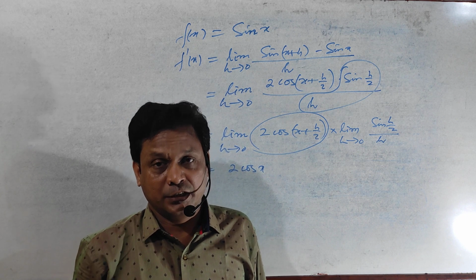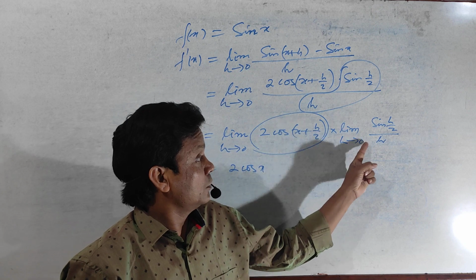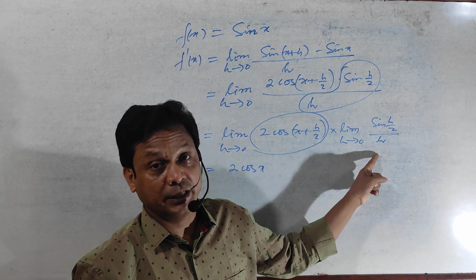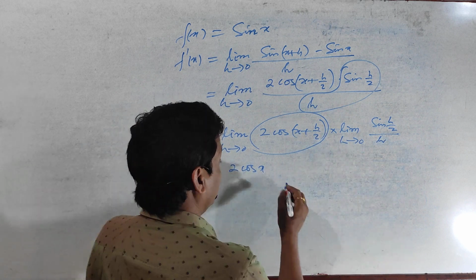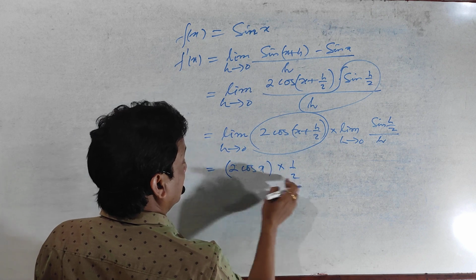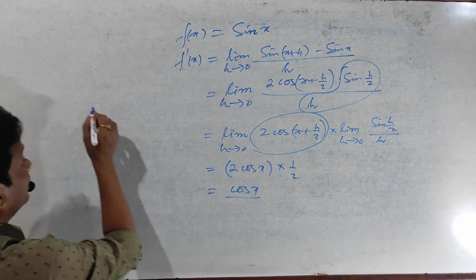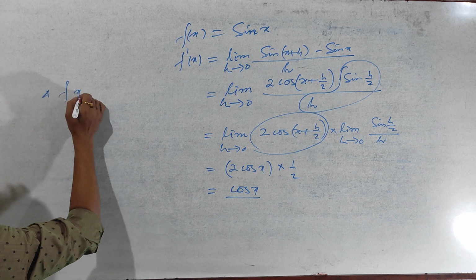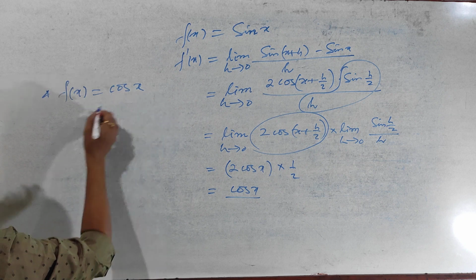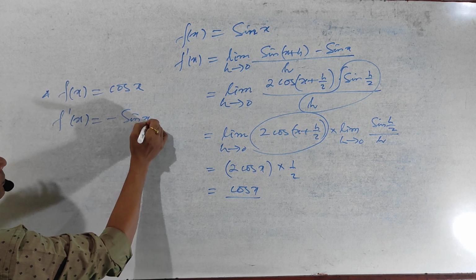Limit of sin half h by h, so the answer is half. Half into 2 cancels out, remaining cos x. Similarly, the homework for you is f of x equal to cos x and the answer will be minus sin x. Clear?